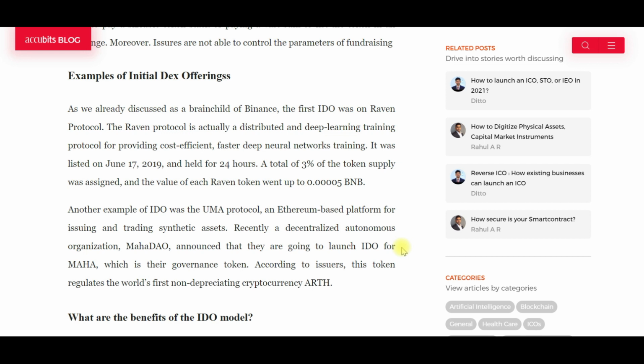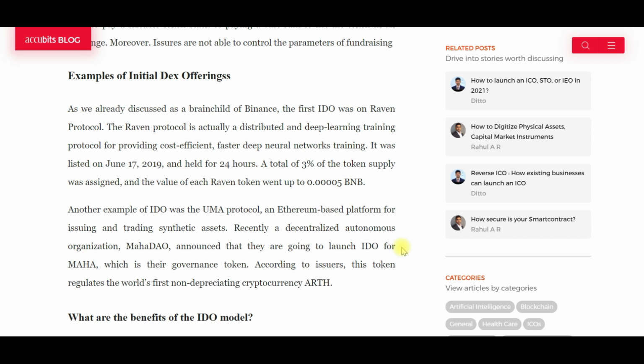So if you want to raise funds for your business or your project, you are more likely to do an IDO, right? But these days we've seen that VCs, venture capitalists, and angel investors most of the time come into these things, and then we have what we call pre-sales.